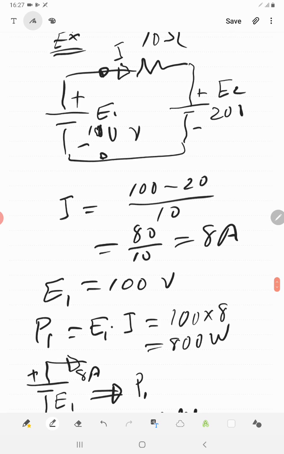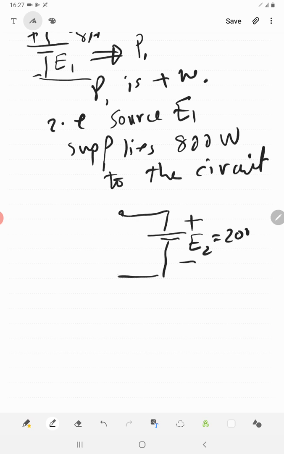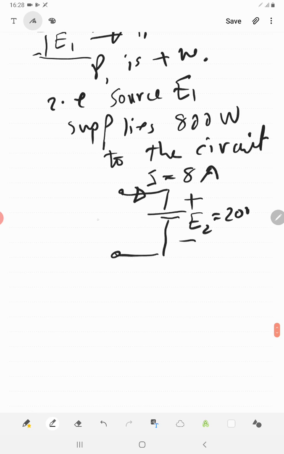Let's look at the other source, the 20 volts. Now we have plus minus E2, which is 20 volts, and we have a current here, I equal to 8 amps. Okay, so you see the direction of the current means the power is going that way. So if we want to calculate P2, we say P2 is equal to E2 times I2. Where is I2?